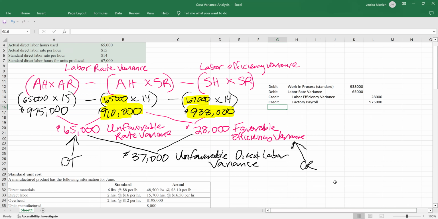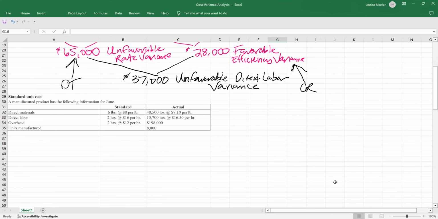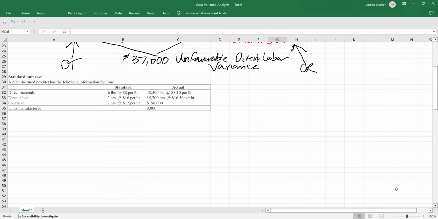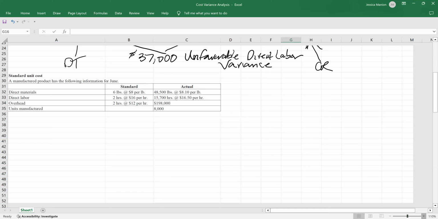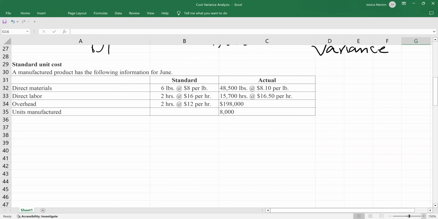And in this problem, we're going to calculate the standard cost per unit. Then we're going to calculate our material variances, and then we're going to calculate our labor variances. So I'm going to scroll down here. The first part of this, and let me zoom in here as much as I can, is calculating the standard cost per unit.